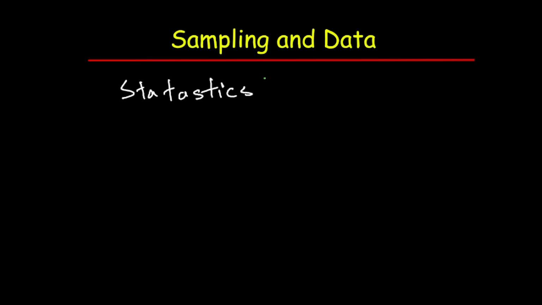And because we want to know something about a whole population, sometimes that whole population is too large for us to ask every single one in that population for details. For example, if we wanted to know what the favorite ice cream flavor of everyone in your school was, it might not be very practical to be asking your entire school for that data.